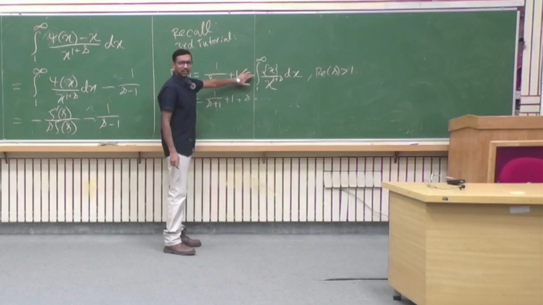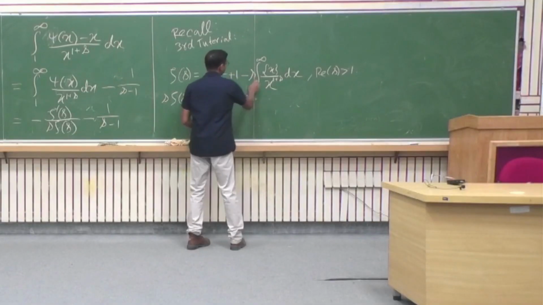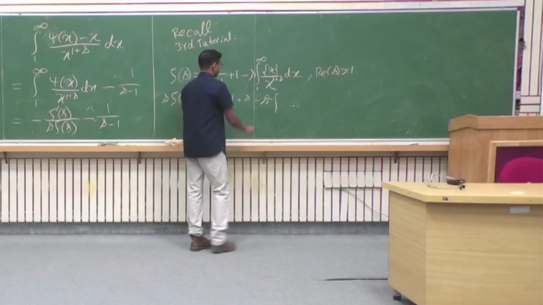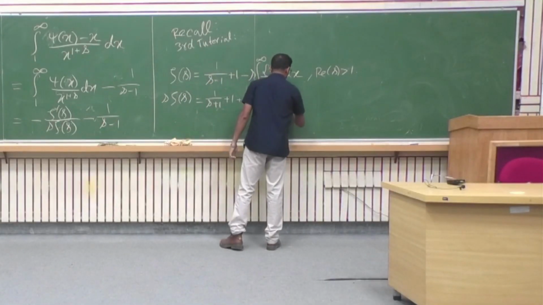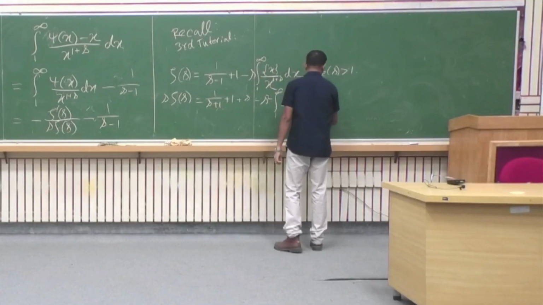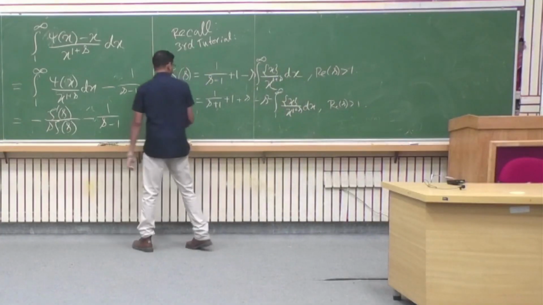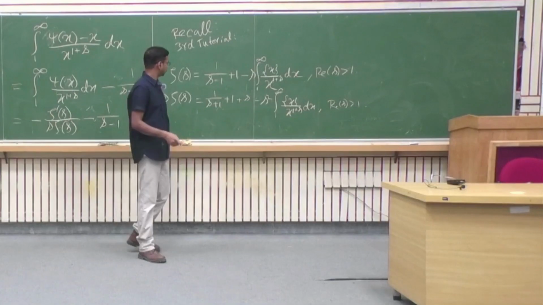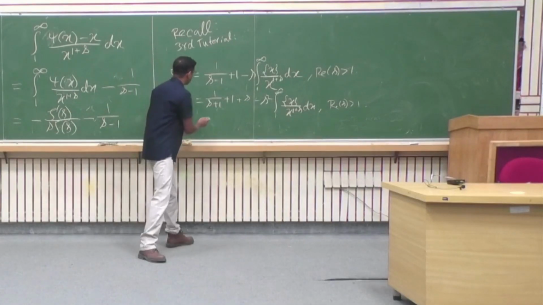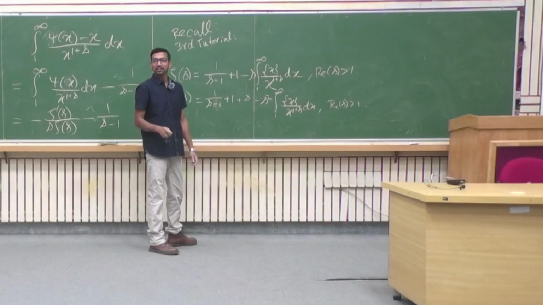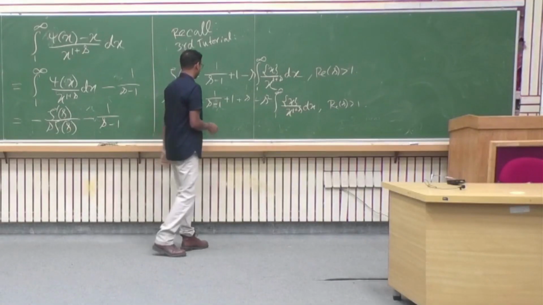There was already an s, so this is minus s square and this integral. Okay, let's write it down. Real part of s greater than 1, is minus 1, right?